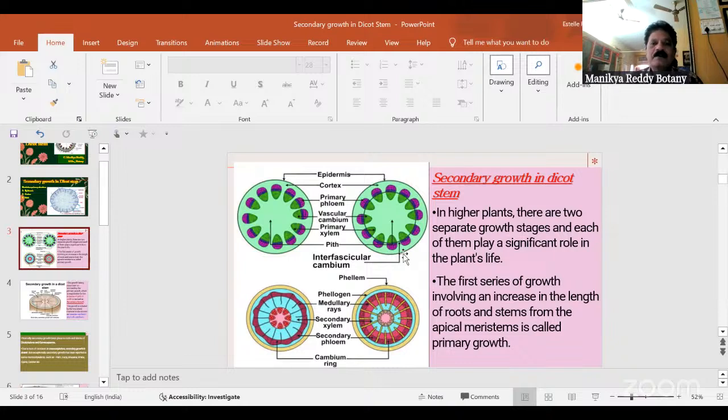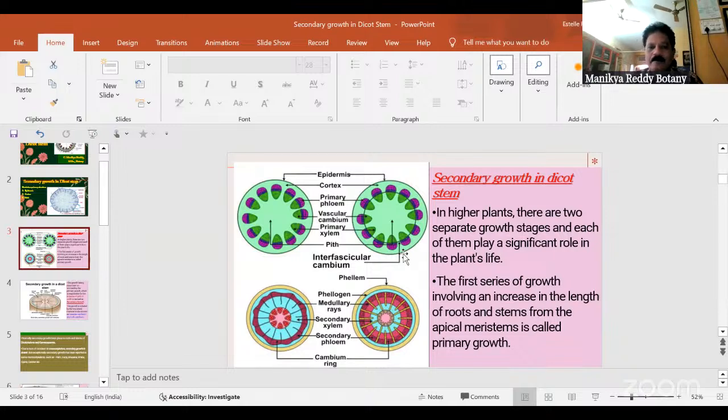The cells formed outside are called phellem, inside phelloderm. The other name of phellem is cork. The other name of phelloderm is secondary cortex. Secondary cortex, cork cambium and cork tissue together are known as periderm.